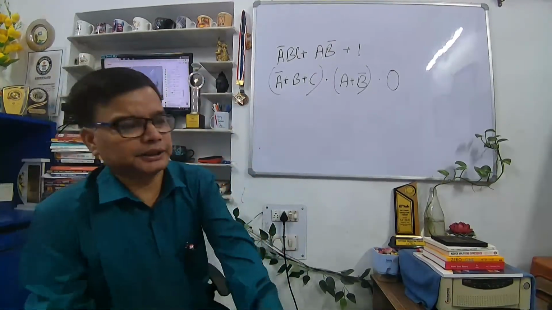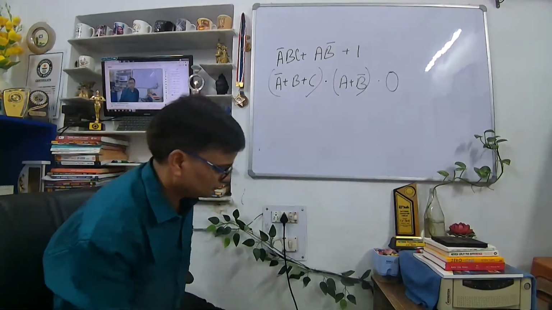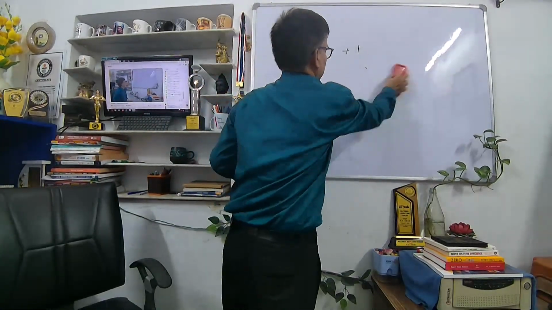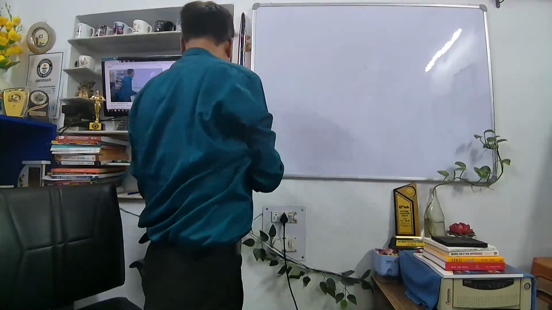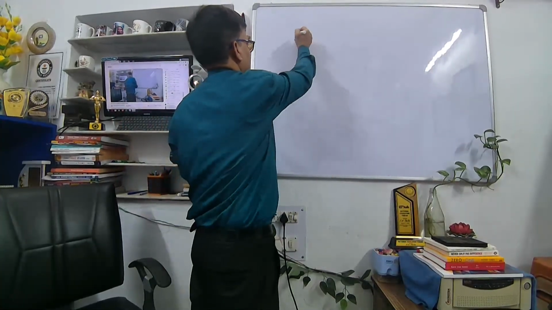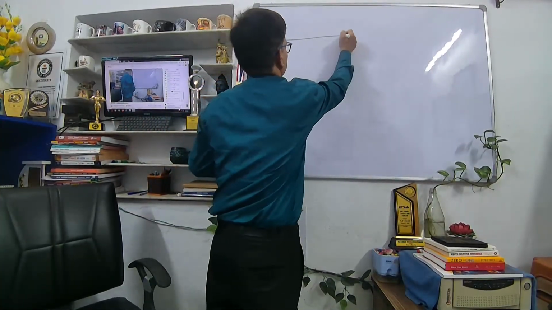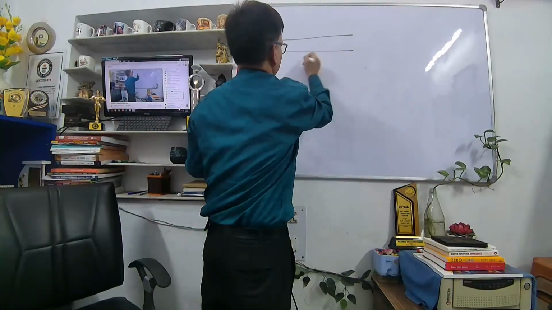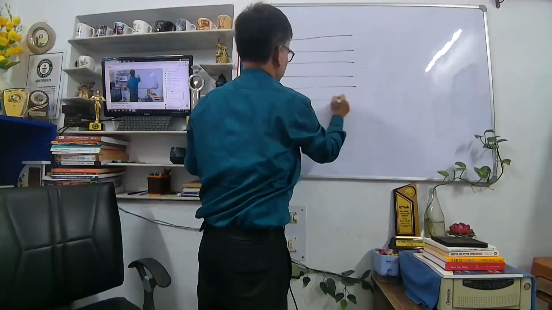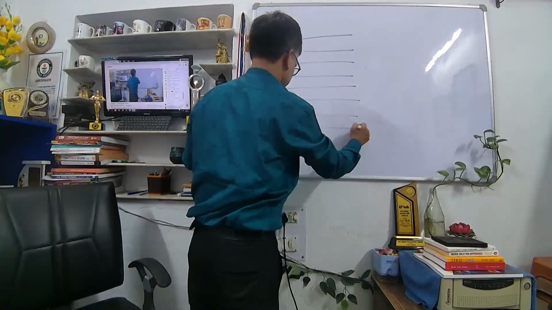Okay, just see then. 0 1 2 encoder and right. 3 4 5 6 7.